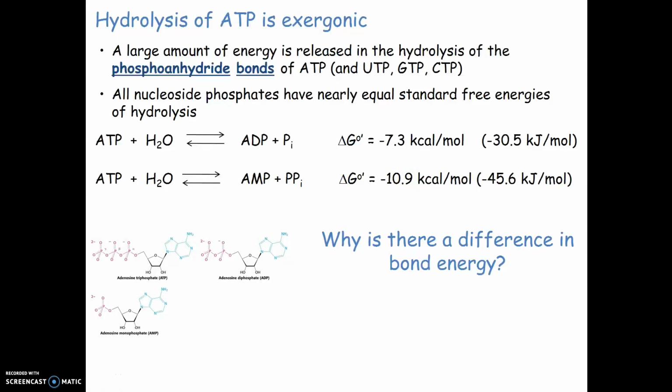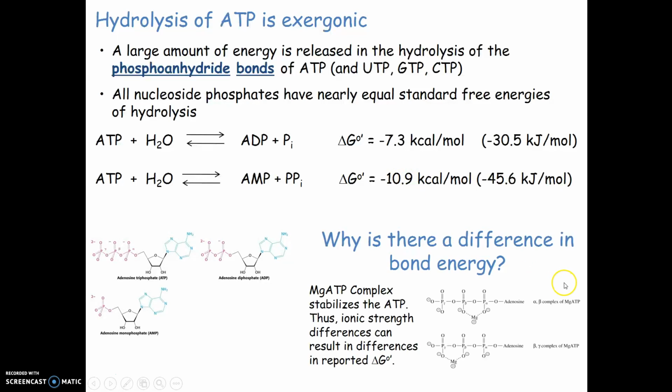So why is there a difference in this bond energy? Well, it depends upon where we have this magnesium ion stabilizing this phosphate. Okay, so if the magnesium ion is stabilizing here, and we are going to hydrolyze off this end phosphate group, it doesn't provide as much energy, okay?